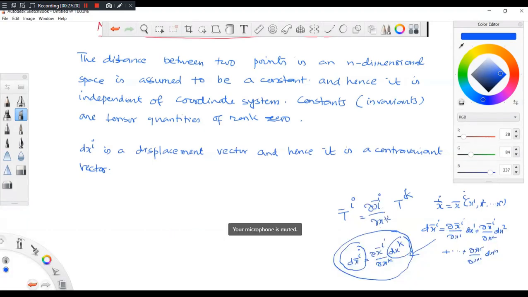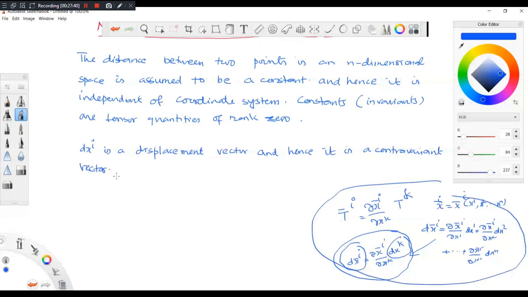So look at this transformation law. The transformation law says that this quantity is a contravariant vector. So that's why I'm saying it will transform like a contravariant vector. That is why the displacement vector is a contravariant vector. I think there is no doubt in it.